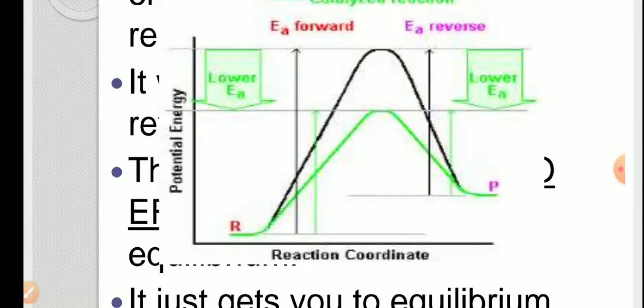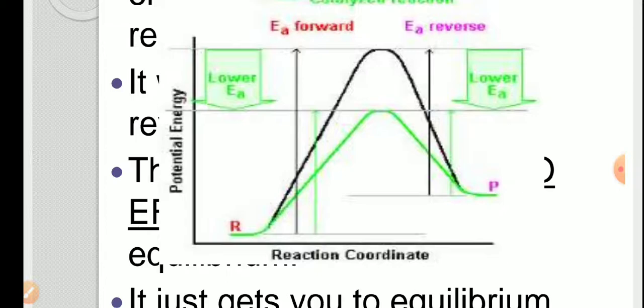If you look here, the activation energy for a particular reaction is lower in the presence of a catalyst than in its absence.